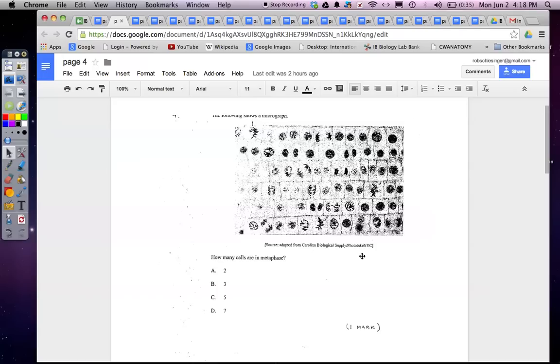So we want to look for chromosomes which have lined up along the metaphase plate. And so right off the bat, this one catches my attention. And then I see one right here, and then I see one right here, for a total of 3. So the correct answer to number 4, which is actually number 5, is 3. All right, moving on.